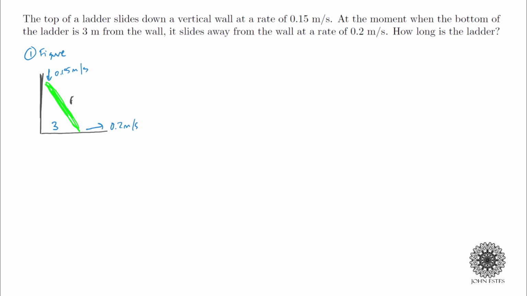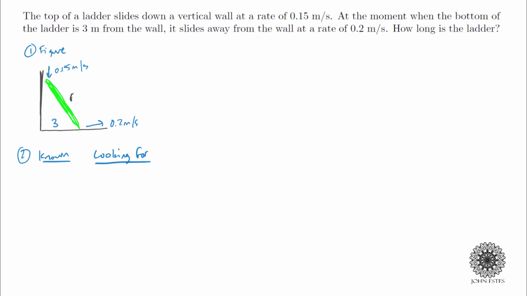Okay, and so part 2 is to identify what's known and what's unknown, or what we're looking for. So what is known here? Well, we might need to know some variables, so I'm going to call this direction the x direction, and the up and down direction I'll call the y direction. And so I know at a given moment in time that x is 3 meters.